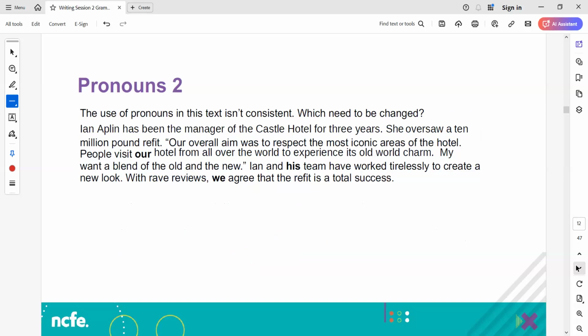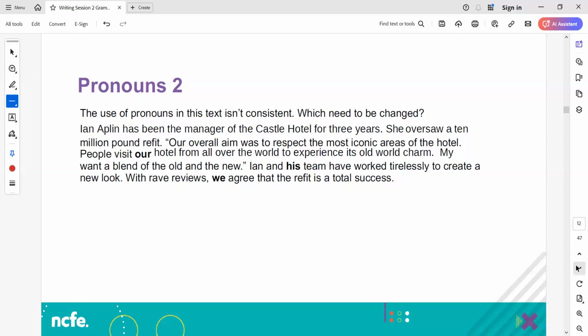So we've got another example here, and you need to find any errors. Ian Applin has been the manager of the Castle Hotel for 3 years. She oversaw a £10 million refit. Our overall aim was to respect the most iconic areas of the hotel.